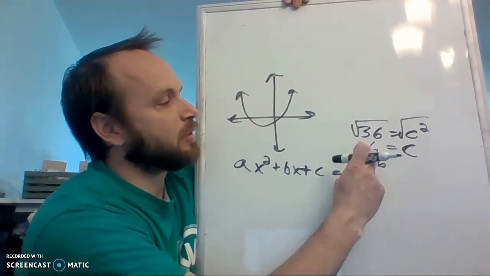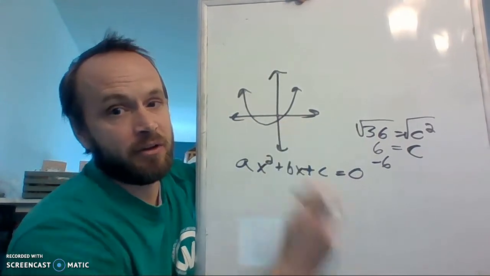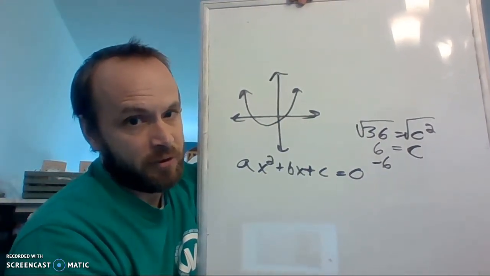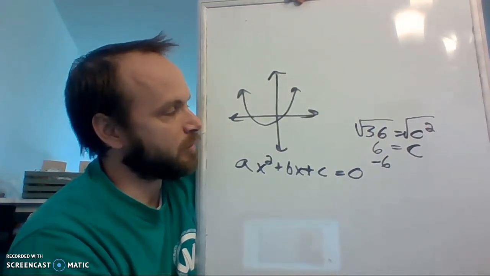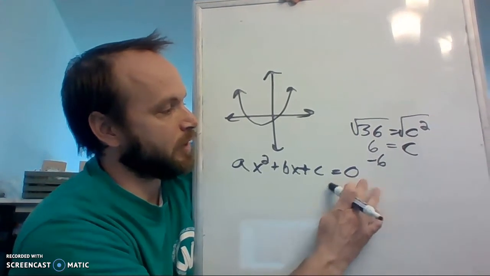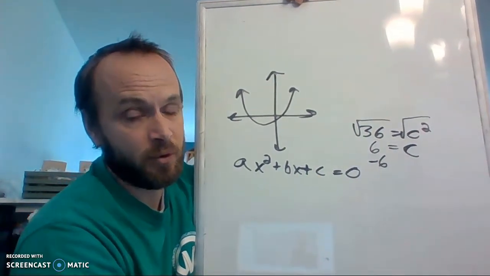So we only go with the positive term. But for this, you have to realize that there are going to be two solutions. Sometimes there's not, but generally speaking, there's two solutions, and you'll have to look for that. Whenever you square something, you have to take the negative solution and the positive solution both.